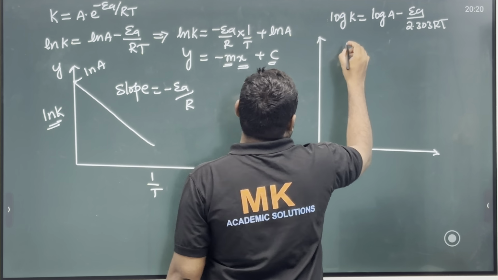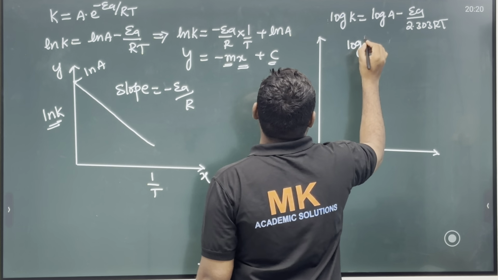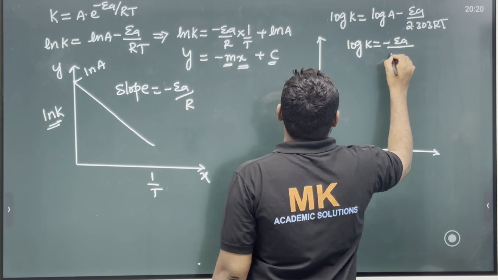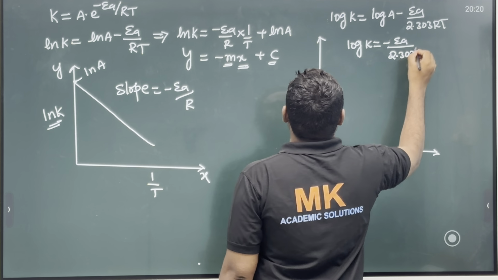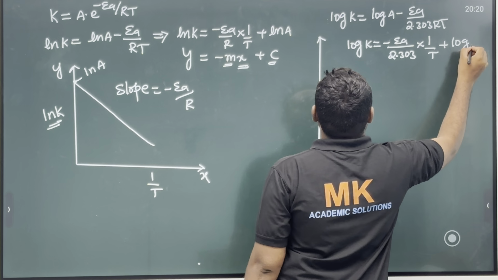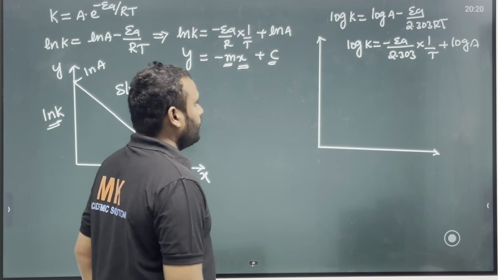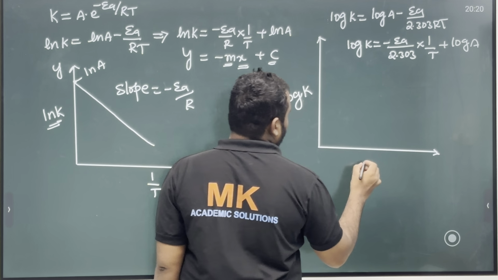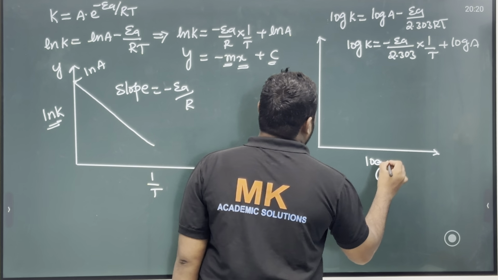Again we can write log k is equal to minus Ea by 2.303 into 1 by T plus log A. Here I am going to take the graph between log k and 1 by T.